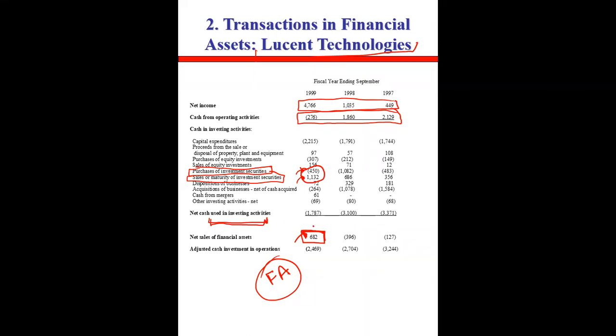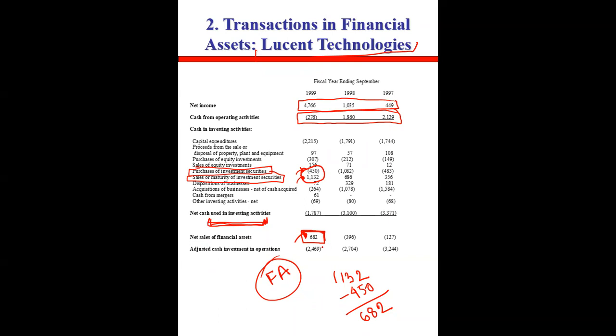You know how this positive number comes: they have sold 1,132 million of investment securities and purchased 450 million of investment securities. So they have received 682 million of cash from investment securities. Don't you think by this number they have underestimated the cash spent for investing activities?